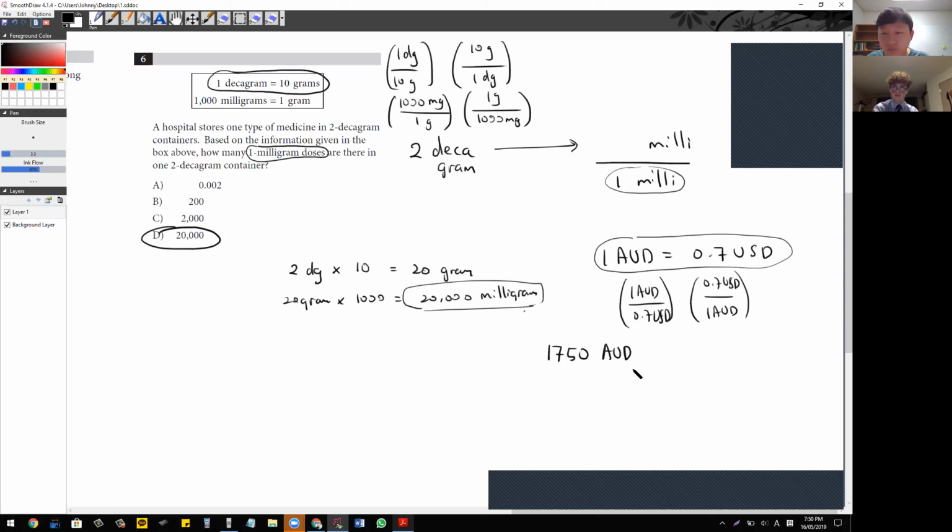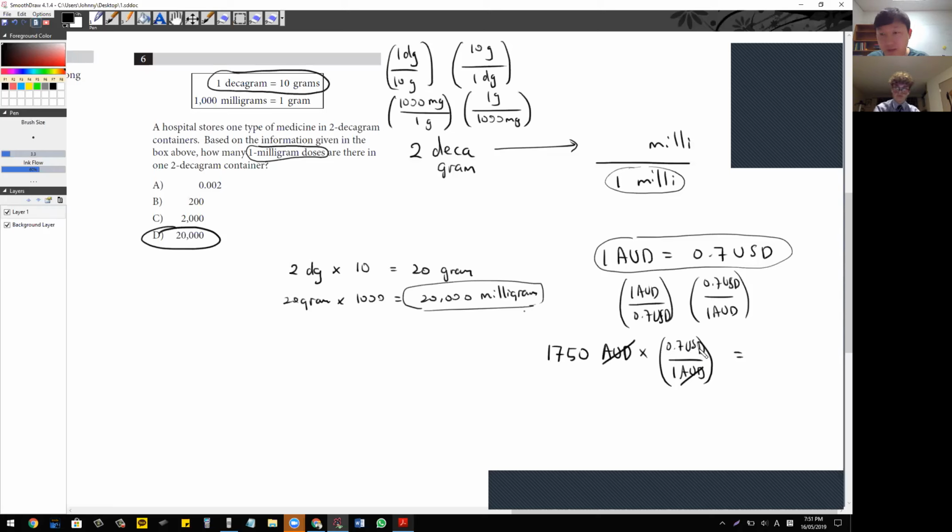If you've got AUD and you want to convert that into US dollars, all you have to do is multiply by one of these, and the answer is you multiply by this one. Why? Because you want to cancel the Australian dollar, and then you get US dollars, right? So that's why you multiply by 0.7.